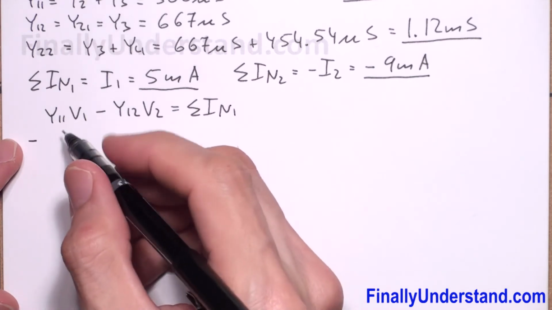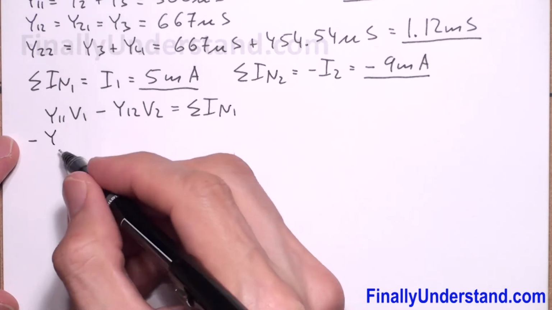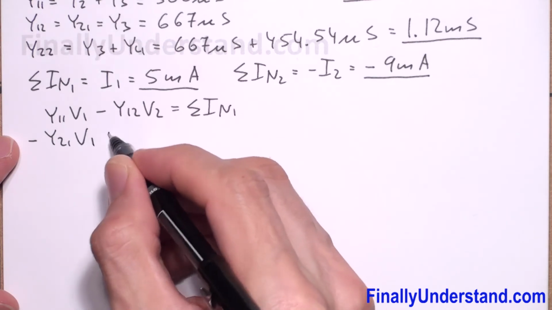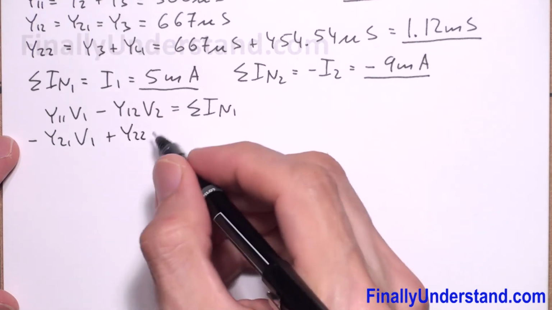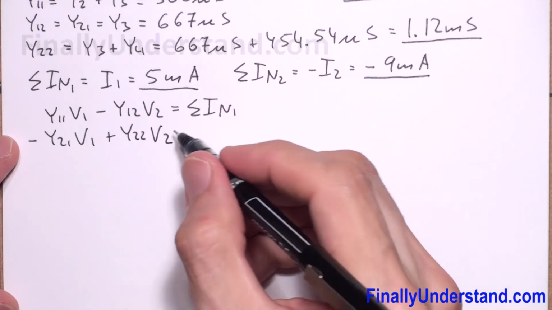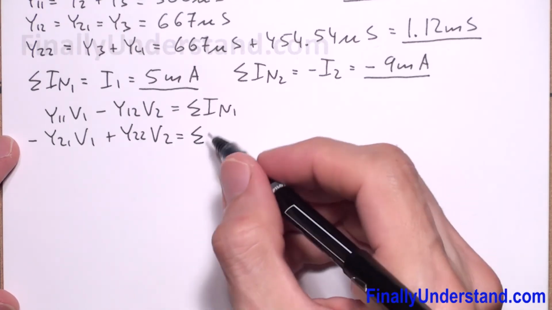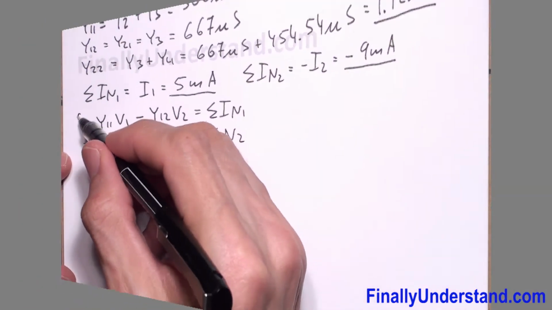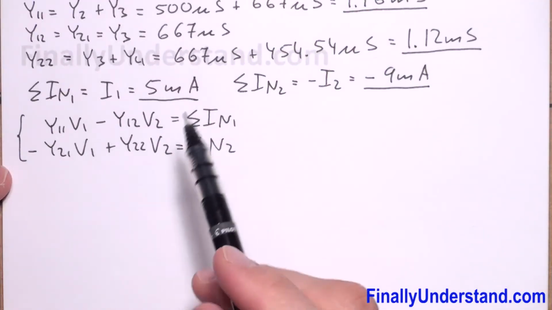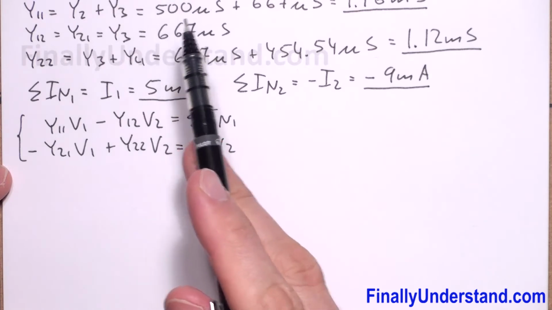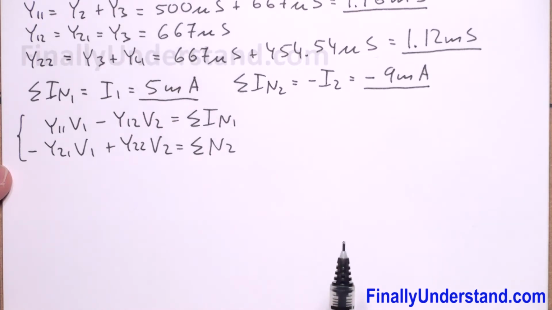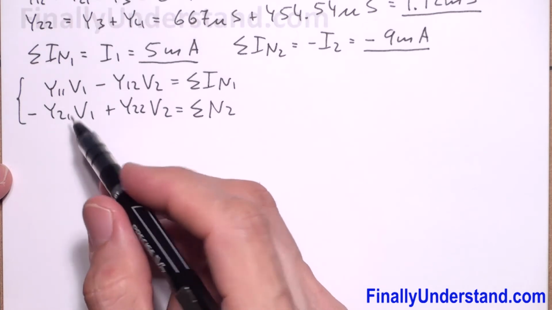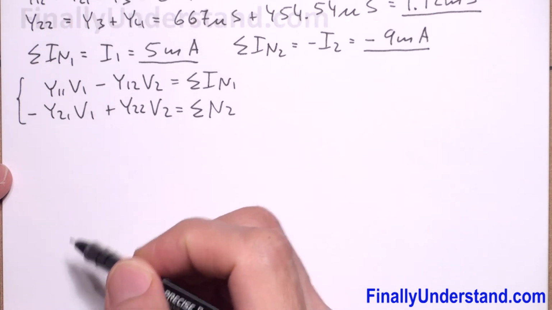And I have negative Y21 V1 plus Y22 V2 is equal to the sum of the currents going to node 2. This is the general formula for the two-node circuit. Now we are ready to substitute the Y's by the numbers.